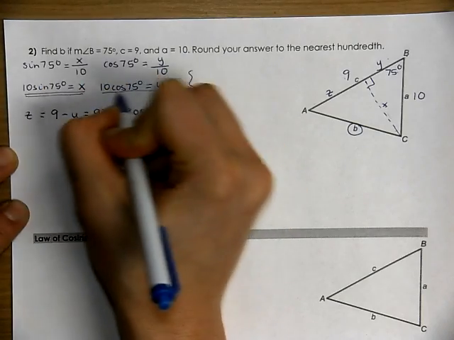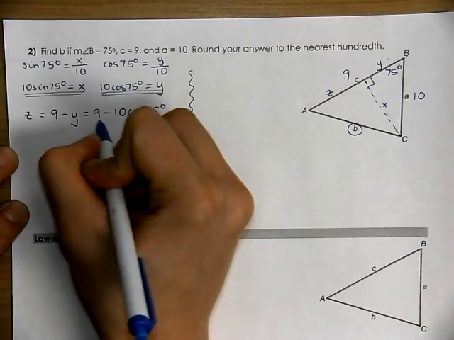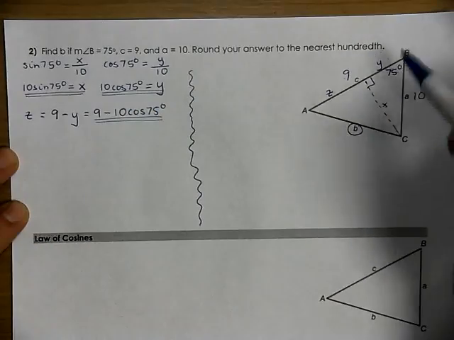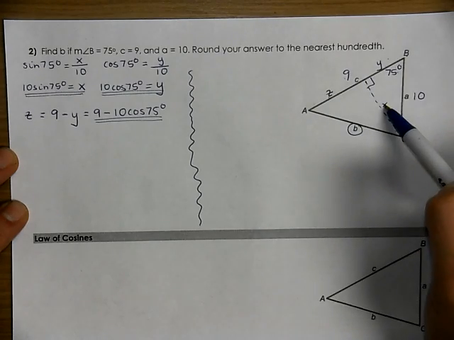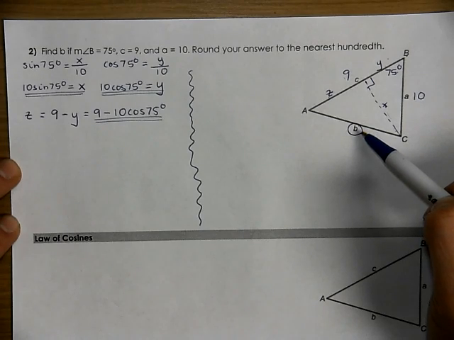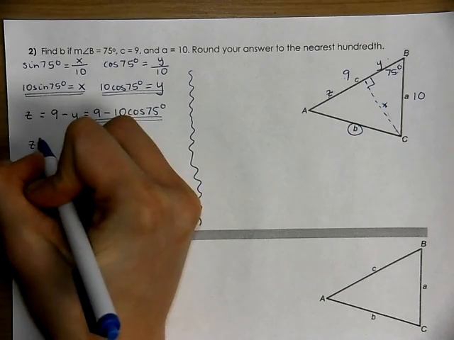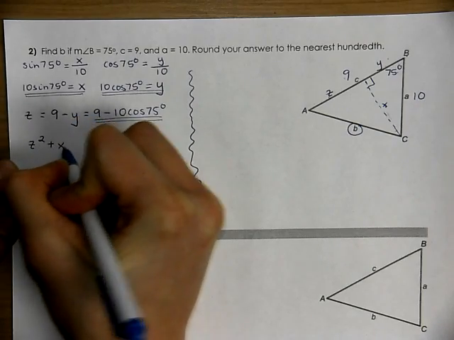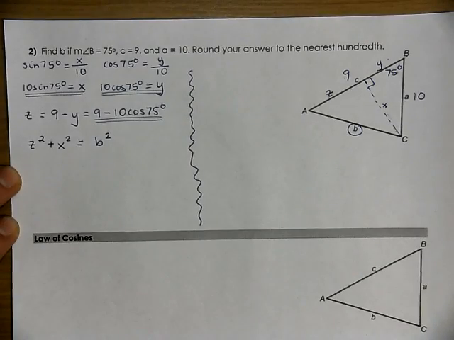So I have x, I have y, I have z. If I know z and x, I can use the Pythagorean theorem now and find b. I know that using the Pythagorean theorem, z squared plus x squared is equal to b squared.